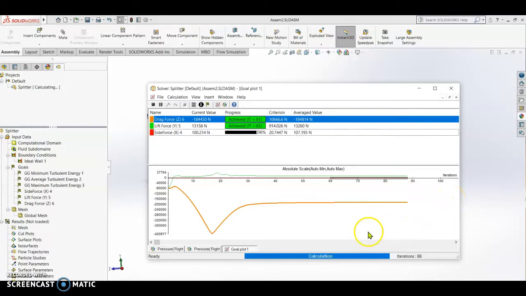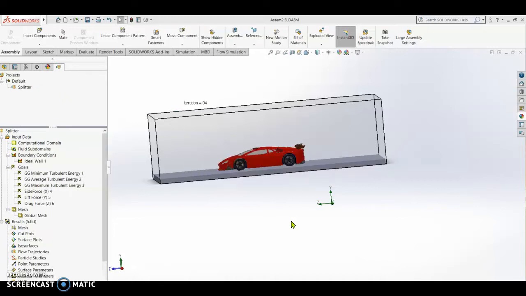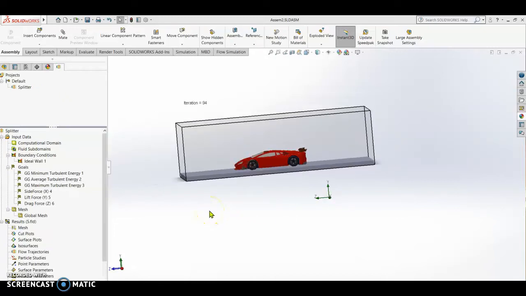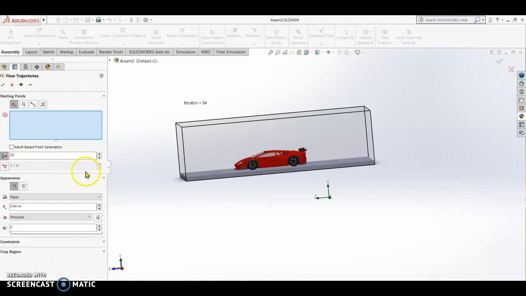Some more, all right. Okay, now done. So we can check insert flow trajectory to determine whether the airflow is correct.